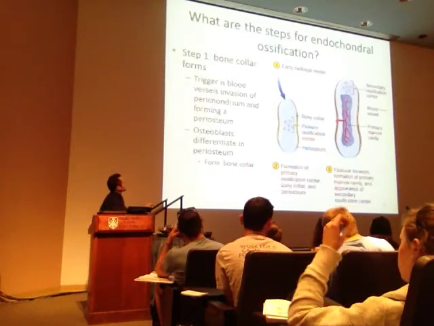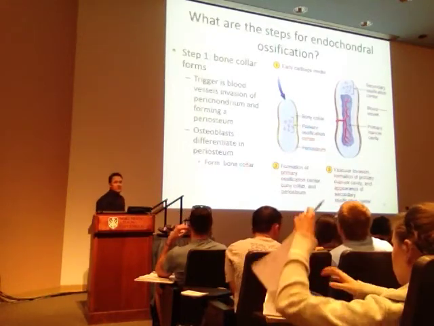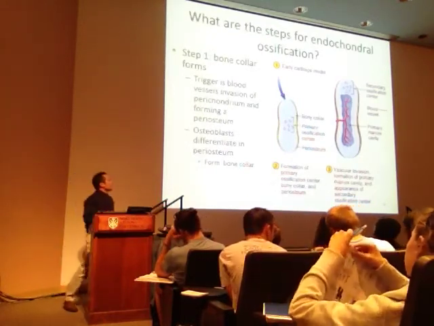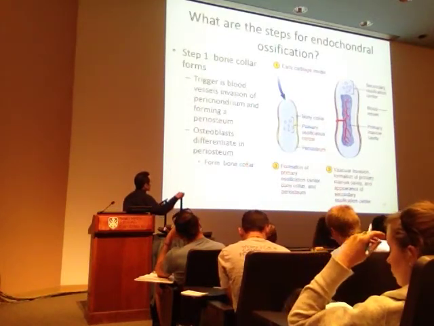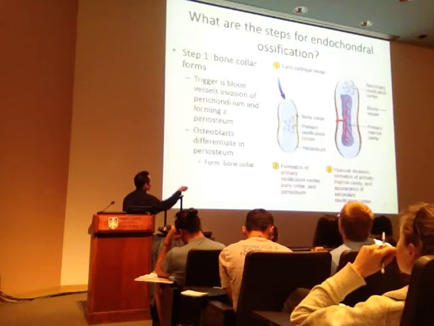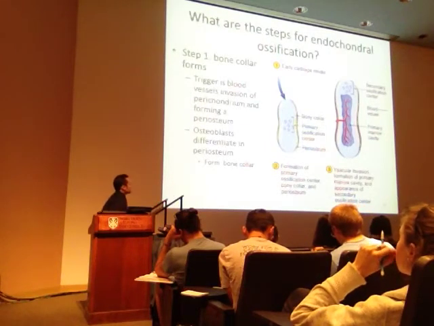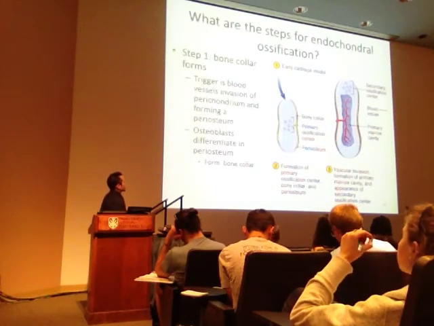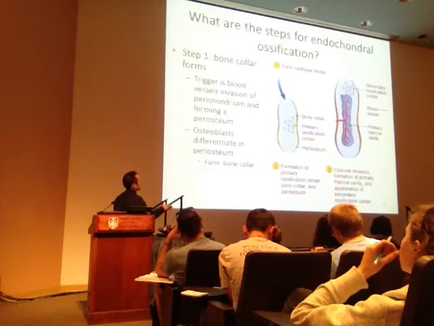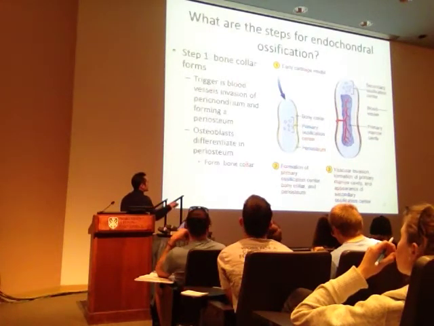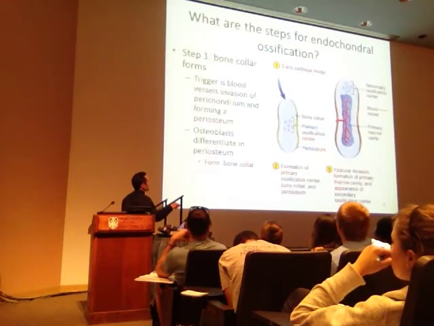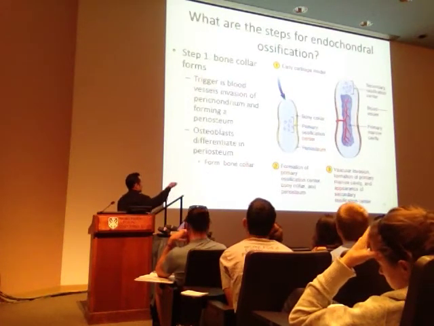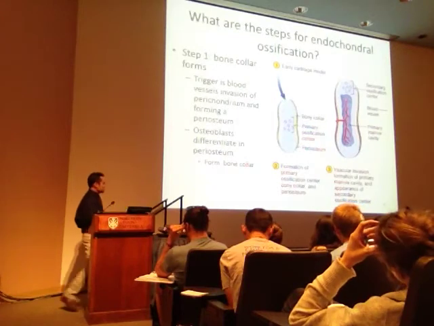You can see this is the early cartilage model at 6 weeks of development. And here we've got this cartilage template. We've already designated a primary ossification center where we're going to begin to hollow out the inside of the long bone. And then we've organized a periosteum, or a surrounding cover.